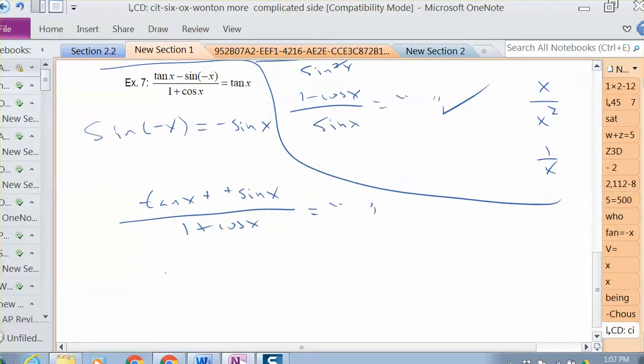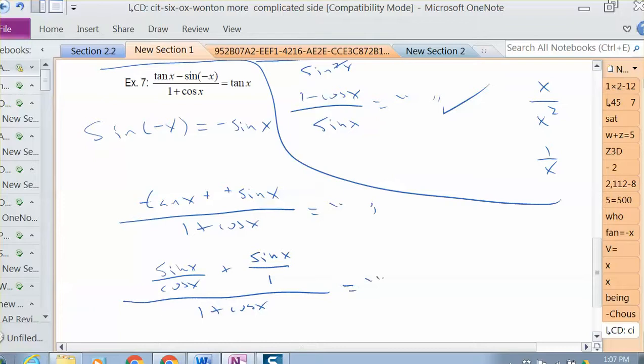Now, what I probably will wind up doing here is converting tangent to sine over cosine to make that sine x over 1. Of course, the bottom is still 1 plus cos x.